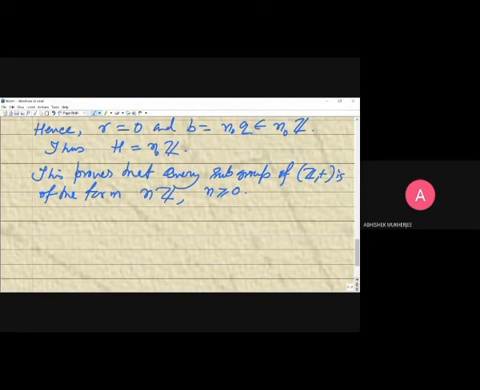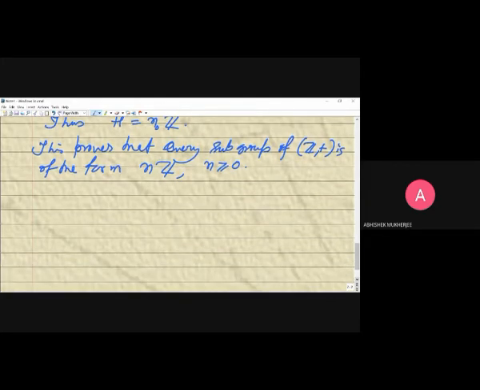Now, if one asks the question, how could you find out the subgroups of the group NZ plus?